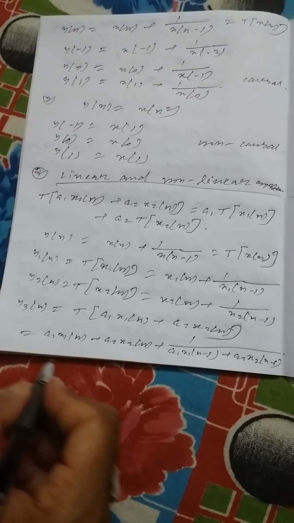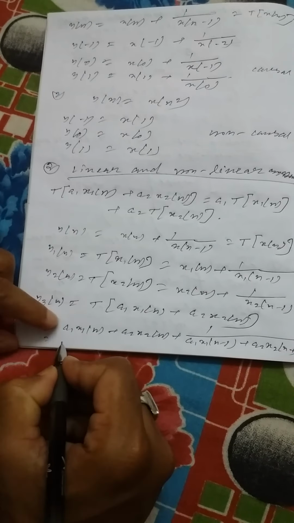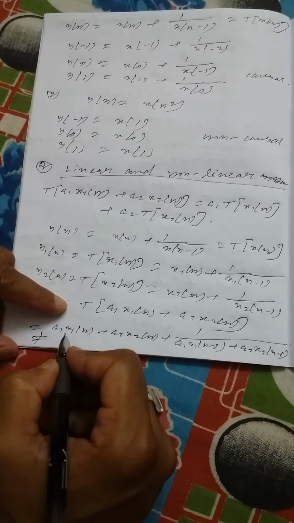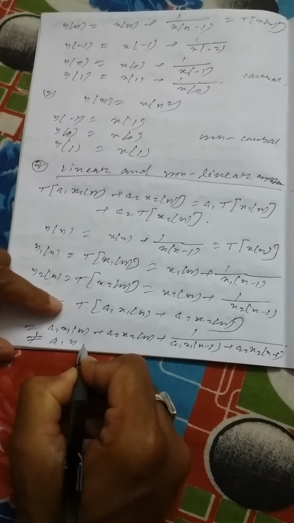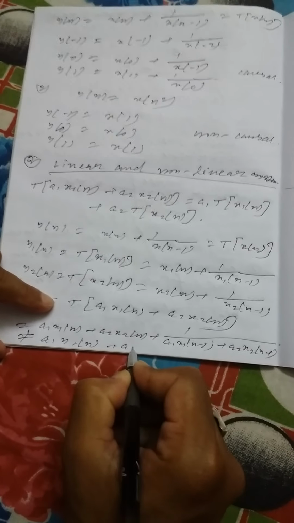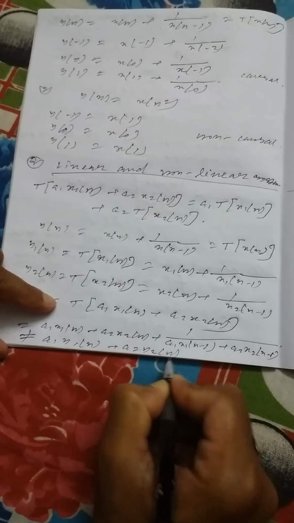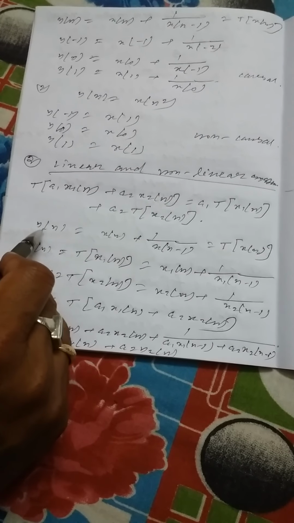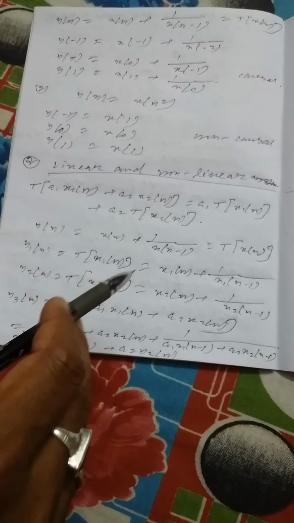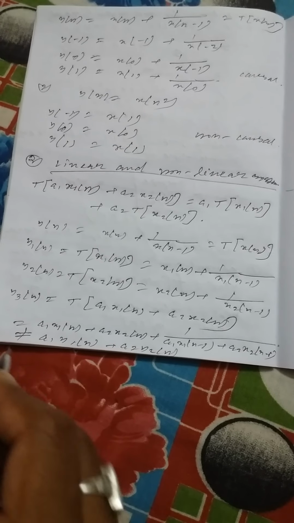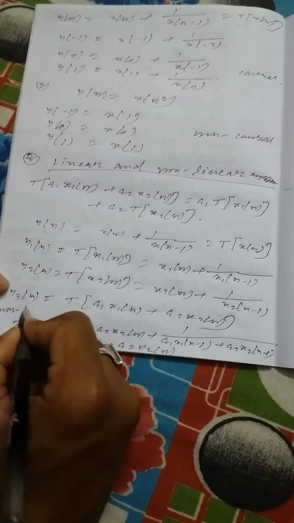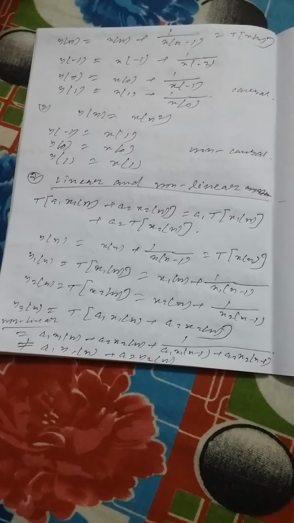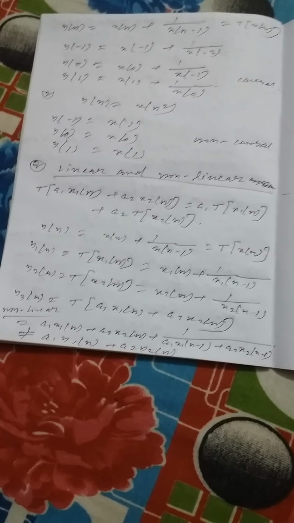Now this is not equal to a1 y1[n] plus a2 y2[n]. So the given system governed by the equation y[n] equals x[n] plus 1 by x[n minus 1] is non-linear. So this is a non-linear system. This is very much important, just practice this.